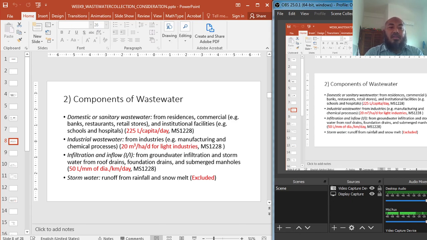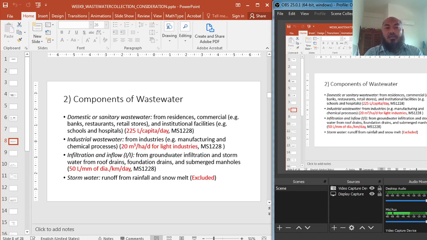It could be from domestic or sanitary wastewater, from industrial wastewater, from infiltration and inflow, and from stormwater.